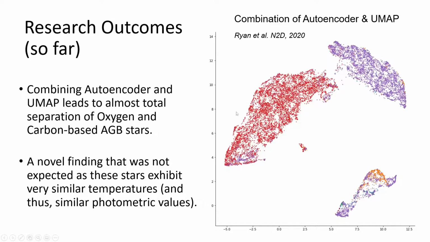These stars really are along the same kind of age and evolutionary timeline, so they exhibit very similar temperatures and characteristics. So yeah, it was pretty exciting to find this as well.